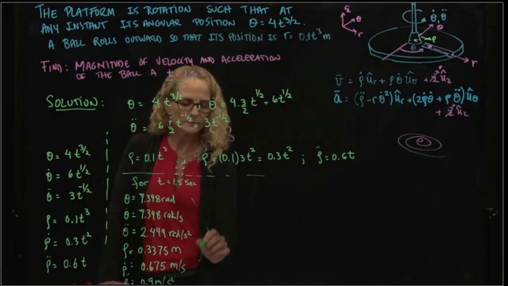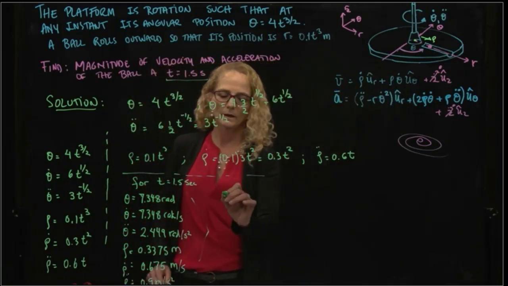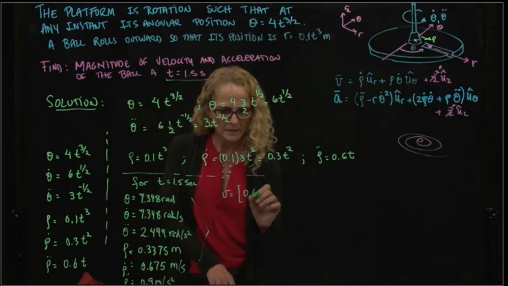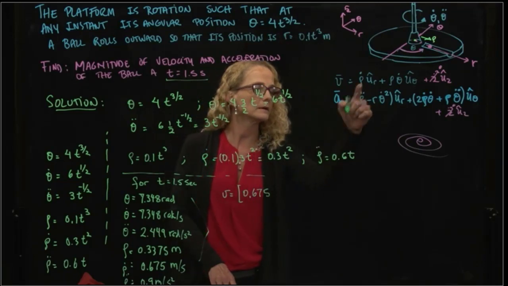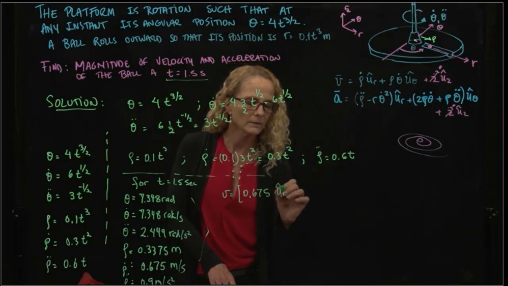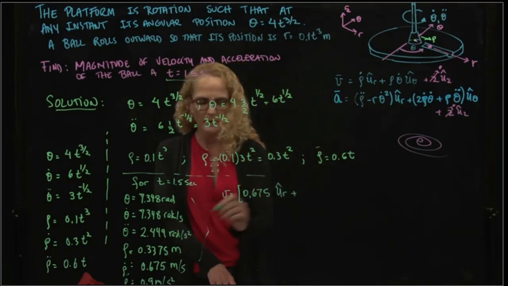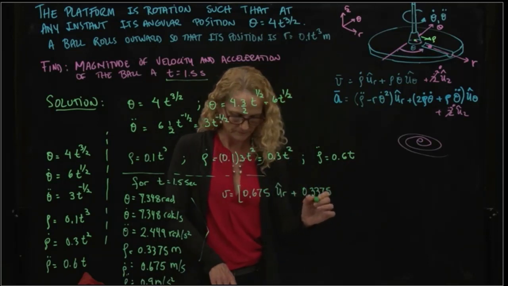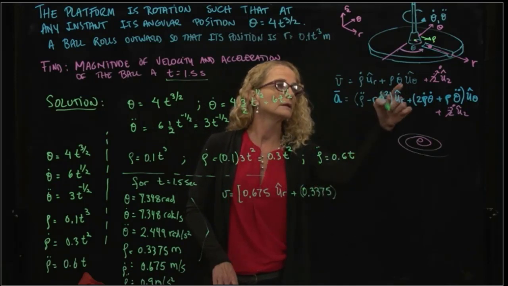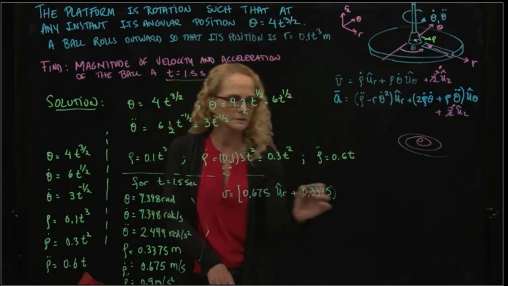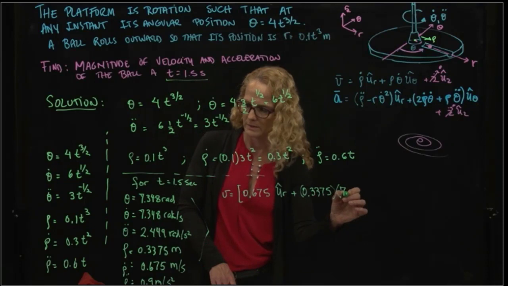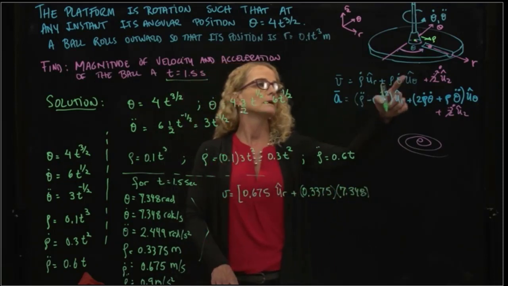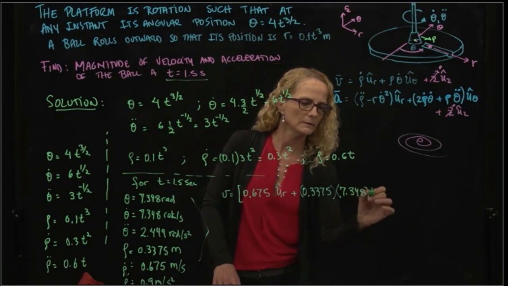We plug all these values in these formulas, and then we get that the velocity is equal to rho dot, 0.675, in u r direction, plus 0.3375 times theta dot, which is 7.348, in the theta direction.